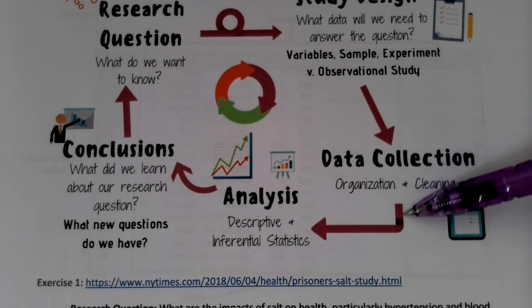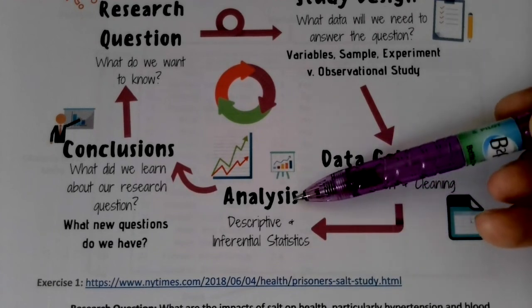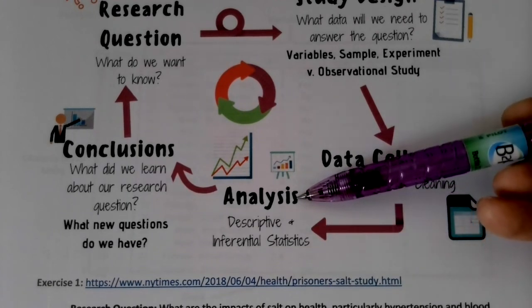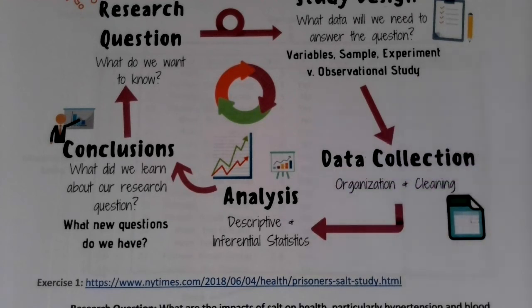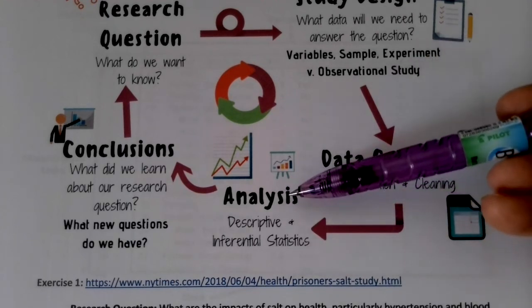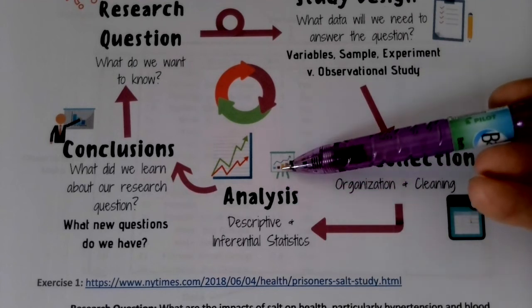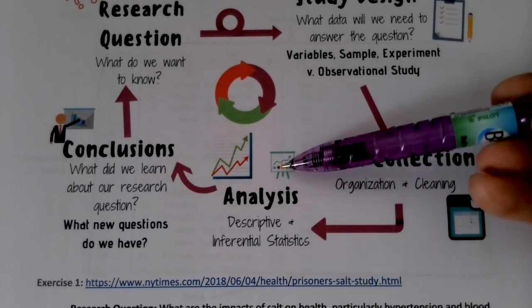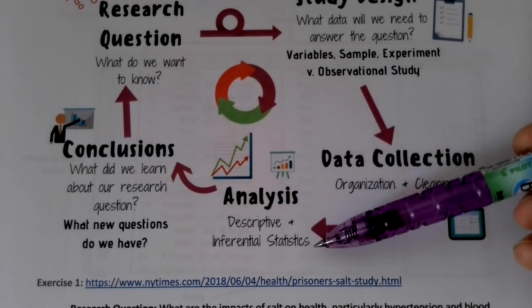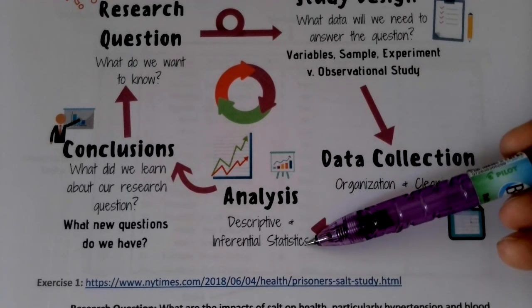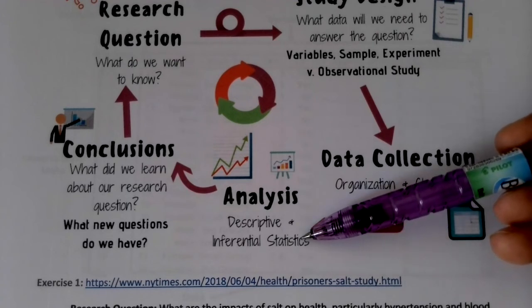After that, we come to the analysis phase. That's where we analyze some of the statistics that we received and present them. At this point, we may also make some conclusions and projections onto the future.